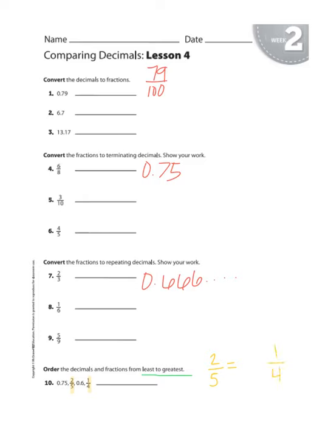So 2/5 would be 0.40 and 1/4 would be 0.25. So take these decimals along with your 0.75 and your 0.6 in order from least to greatest, so from smallest to biggest.